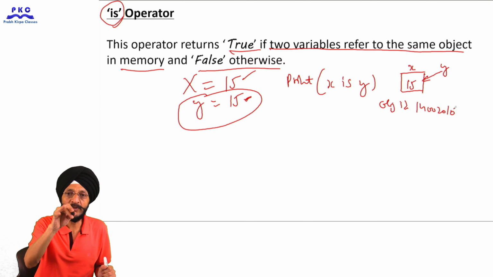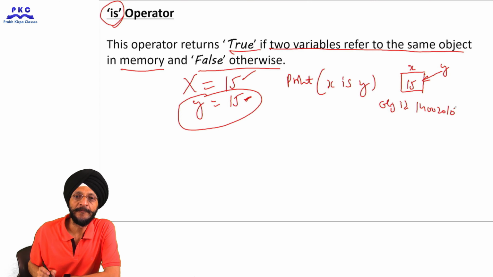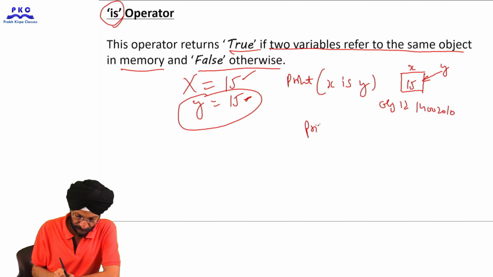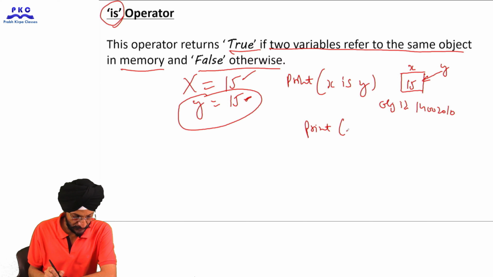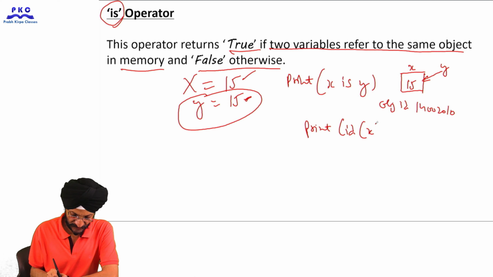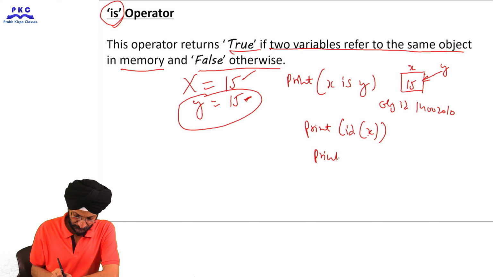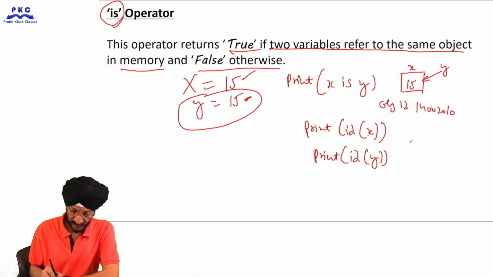We can find out the object ID with the help of giving the command print id x and also print id y.